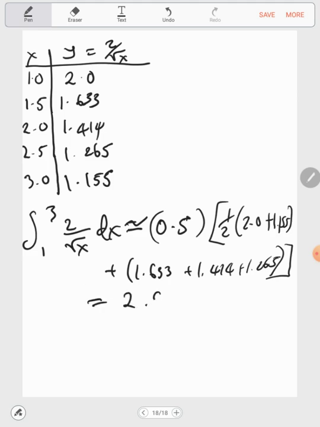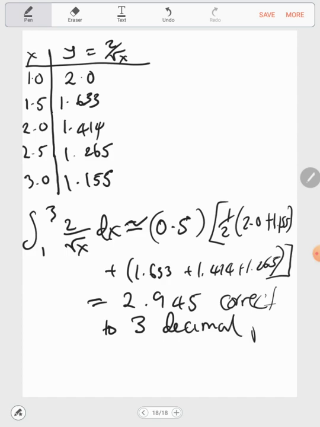This gives us 2.945, correct to 3 decimal places. So that is how we use the trapezoidal rule.